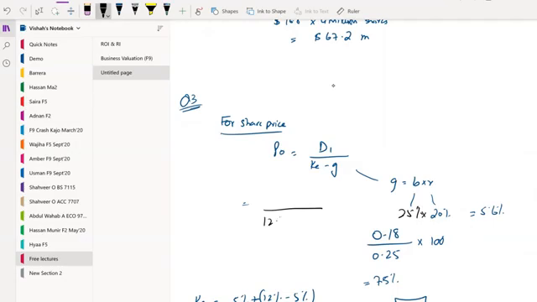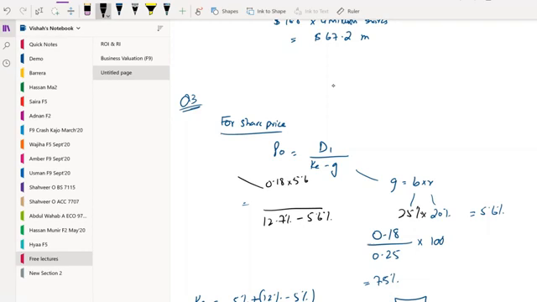So KE is 12.7%, growth is 5.6%, and to compute the D1, currently we have our dividend as 0.18 and the growth rate is 5.6.